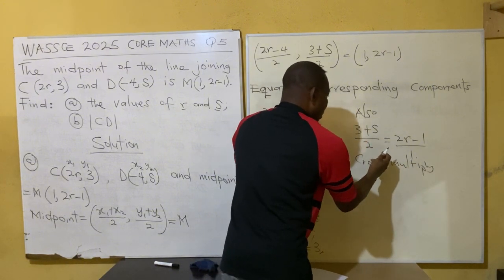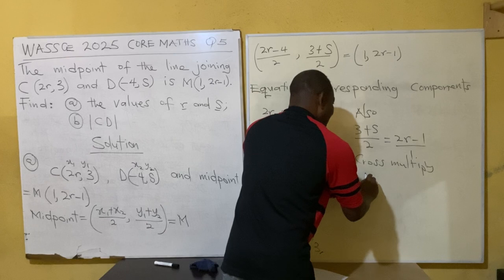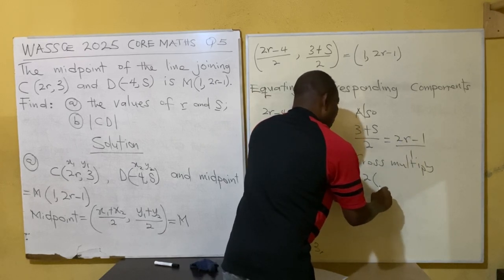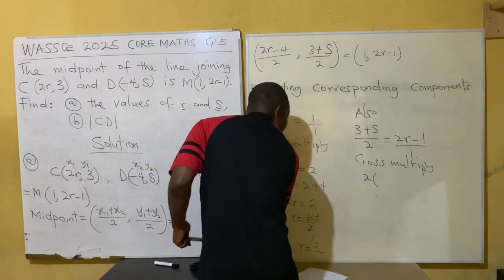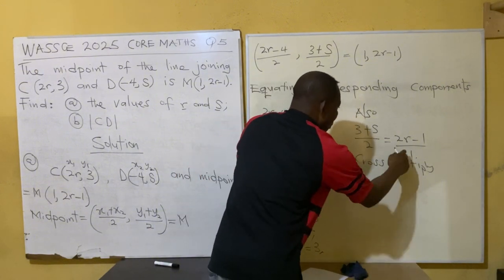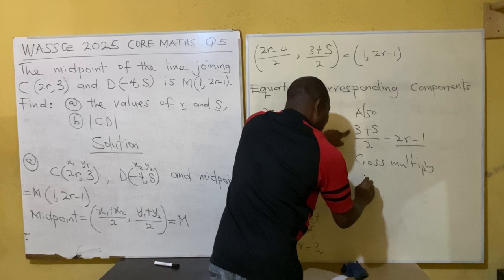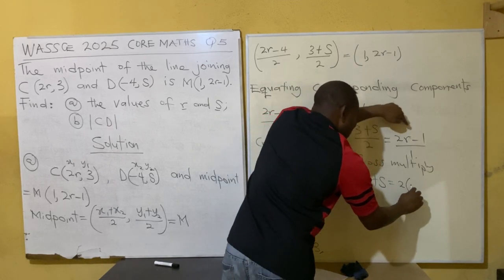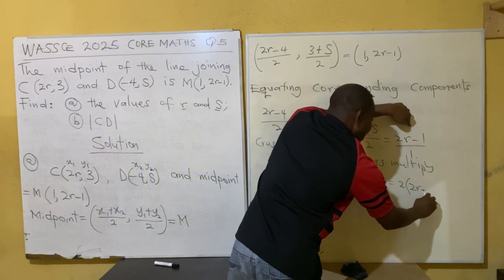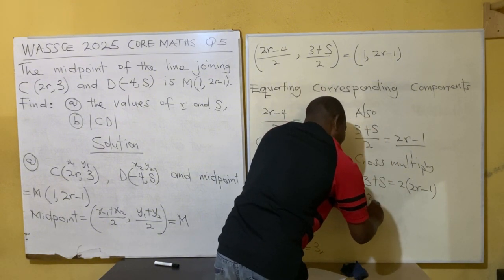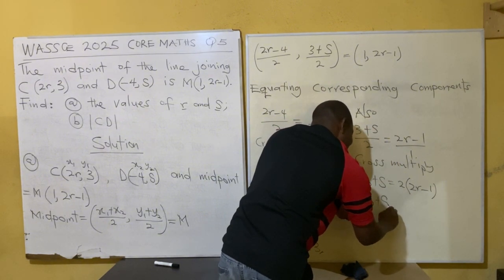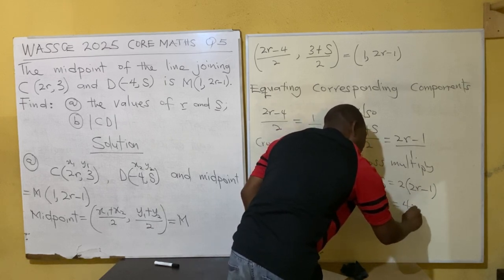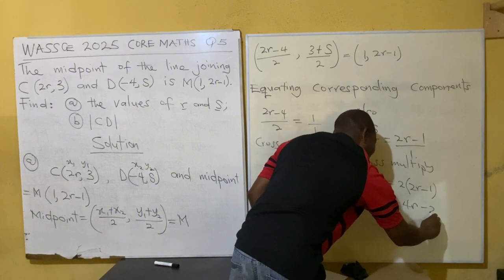In so doing, we have 1 times the expression gives us 3 + s is equal to 2 times this expression, 2r - 1.